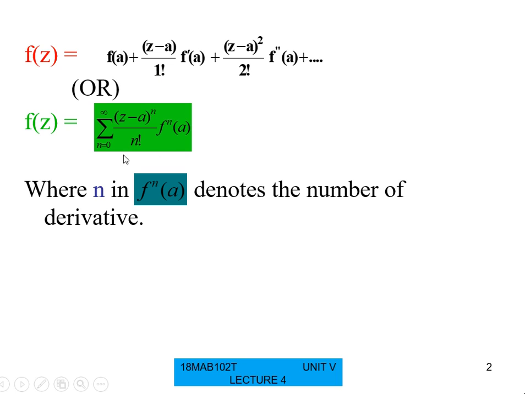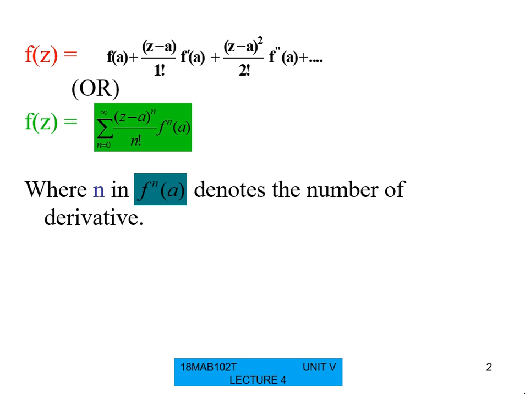So, Taylor series expansion is nothing but an analytic function expressed in powers of z minus a about a single circle, where this n in f^n of a denotes the number of derivatives.